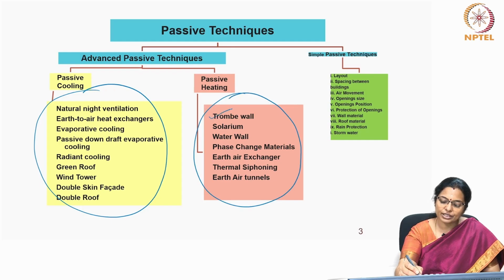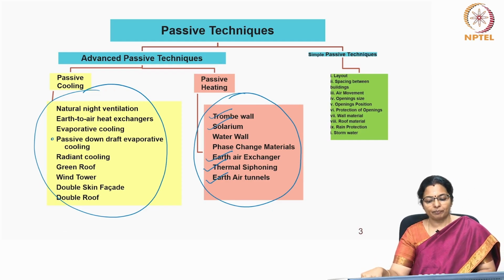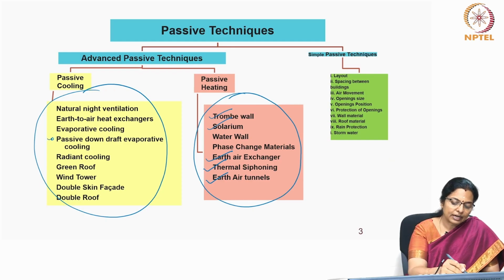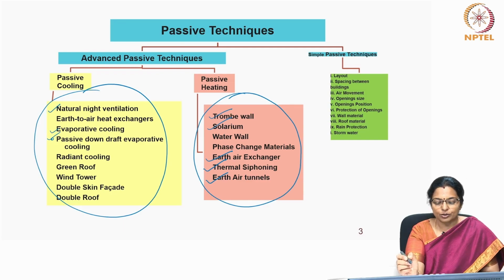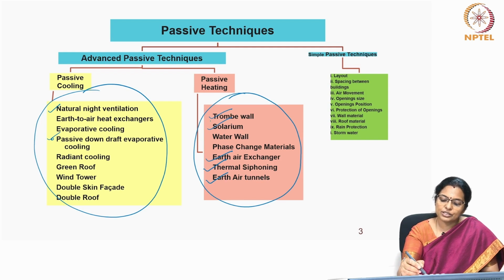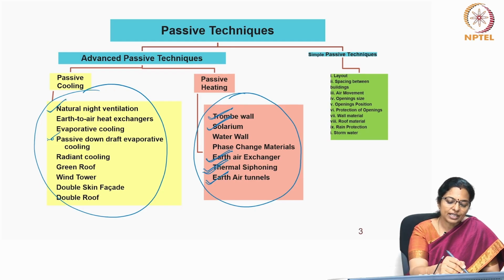In the last class, we saw the Trombe wall, solarium, earth-air exchanger, earth-air tunnels, thermal siphoning, natural night ventilation and a little bit of passive downdraft evaporative cooling, PDEC.